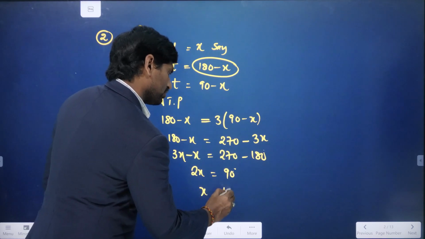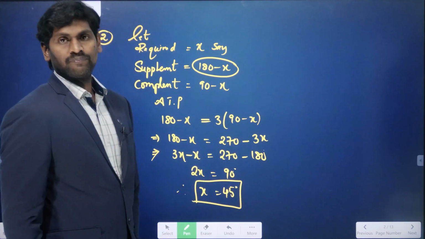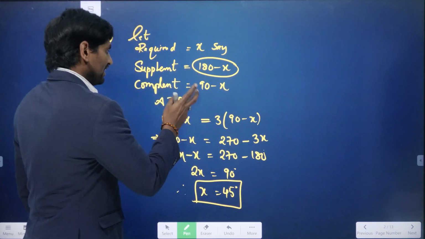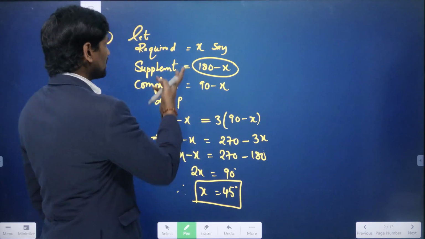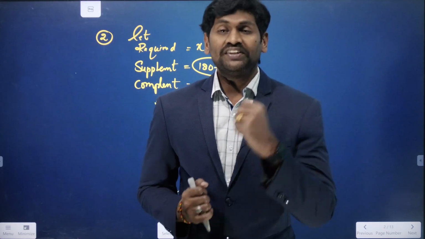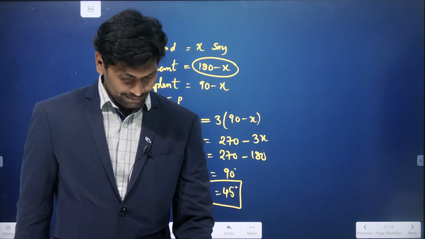Then x equals 90 by 2, which is 45 degrees. This is our required angle. That means for an angle of 45 degrees, its supplementary angle is 3 times its complement angle. Okay, let us go to the next problem.